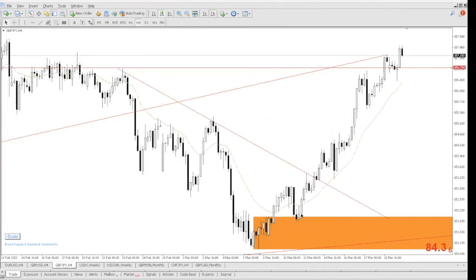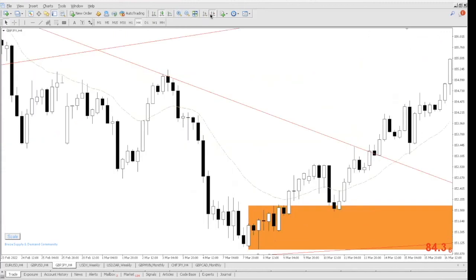Look here. Okay, so it was tested on the H4, and then after that, price has been going up. H4, look what's been happening on the H4. Trend line, it's super respected.